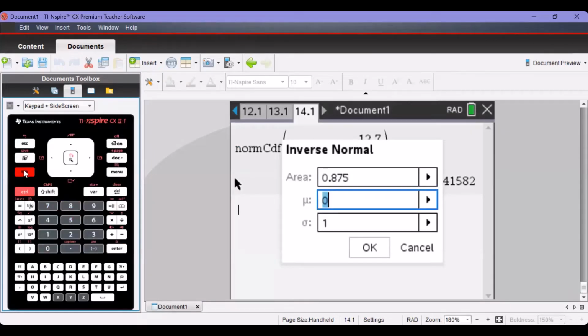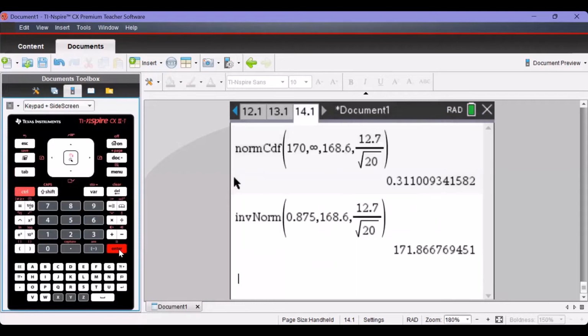0.125. Press tab. The mean is 168.6. Press tab. And the standard deviation is 12.7 divided by the square root of 20. Press tab to highlight OK and press enter.